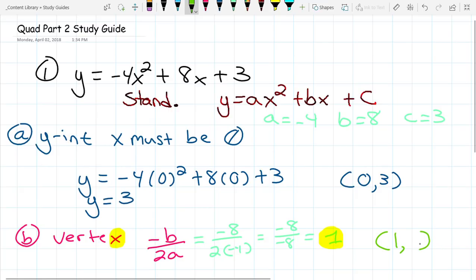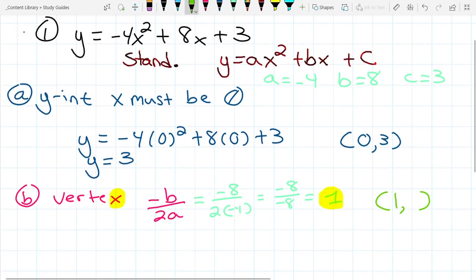So we need to get the y value. We do what we've always done. To get y values when you know x values, we just plug them in. We did that way back at the beginning of the school year. So let's plug 1 into the equation. We get y equals negative 4 times 1 squared plus 8 times 1 plus 3.